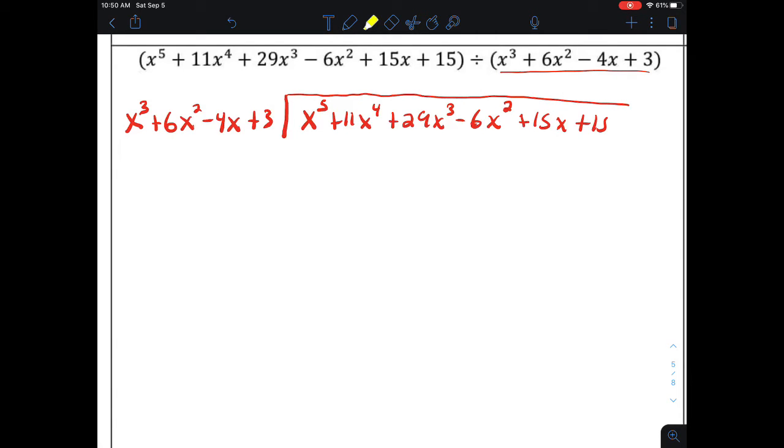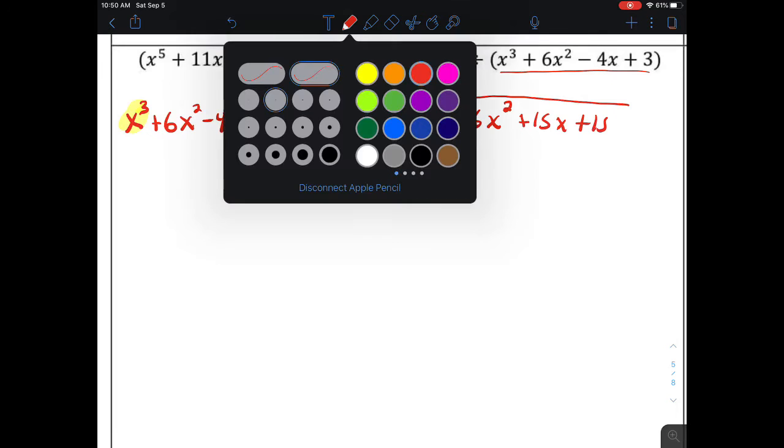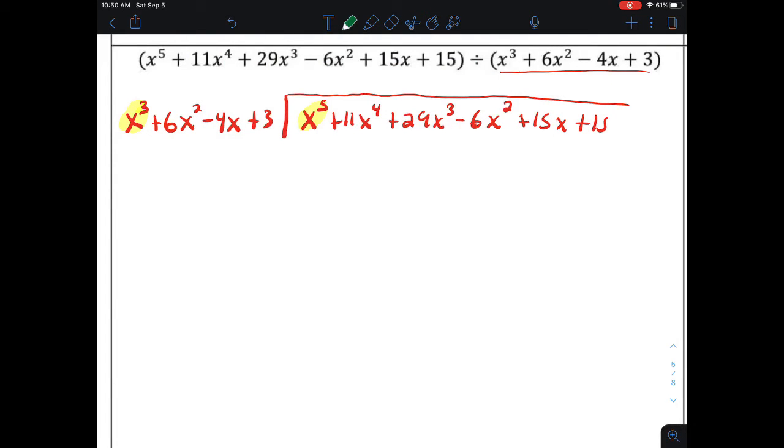The way this works is you always want to take the front number here, so in this case, the x to the 3rd, and make it be the front number of the line that you're working on. So I'm starting with the x to the 5th. I want to know, what do I do to x to the 3rd to make it become x to the 5th? Well, I would multiply it by x squared.